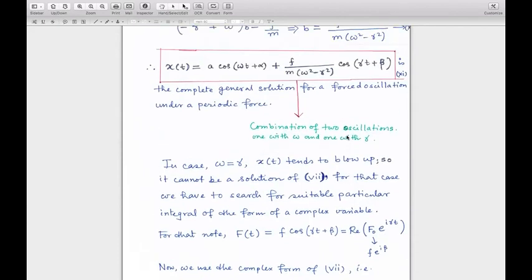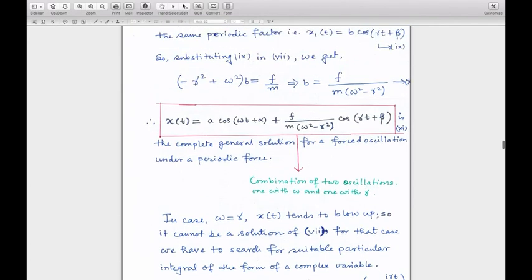Then what is the way out? Well, in the particular solution we have this type of problem because in this characteristic equation, γ has a solution ±ω in general, right?